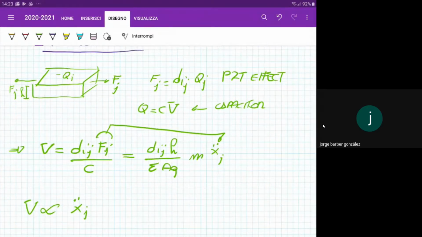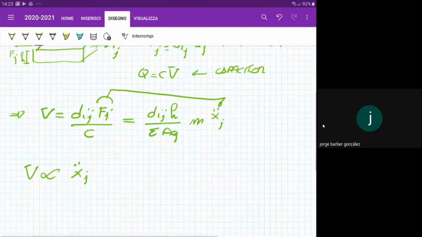We are having said j whatever direction, and that is very interesting. So we can have that the output tension is proportional to the unknown, the acceleration that is characterized in your physical point.